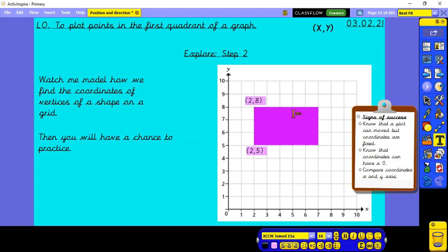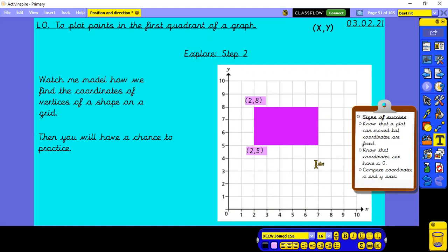Okay, let's have a look at our bottom right vertex. I'm going to go along my x-axis from my 0 and see what my point is in line with. I'm going to stop at the 7 because my vertex is in line with the 7 on the x-axis. Now I need to go up from my 7 to see what it's in line with on the y-axis.